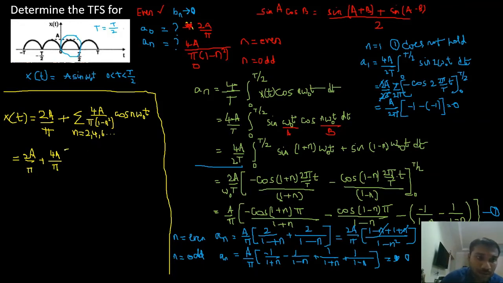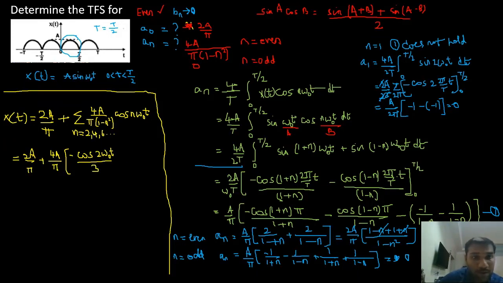So minus, in the numerator I have cos 2 omega naught t by 3.